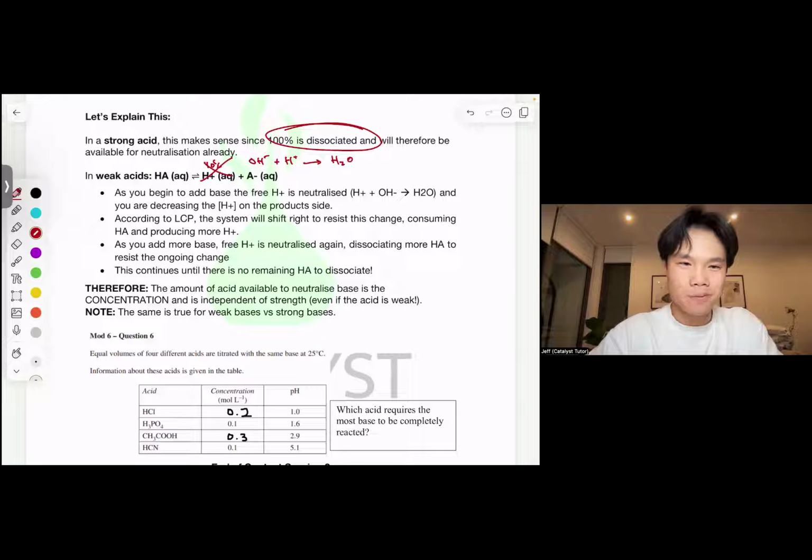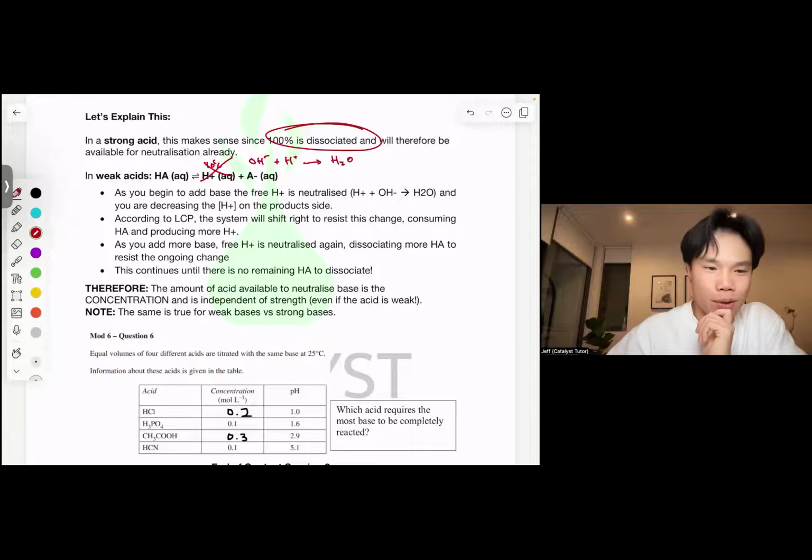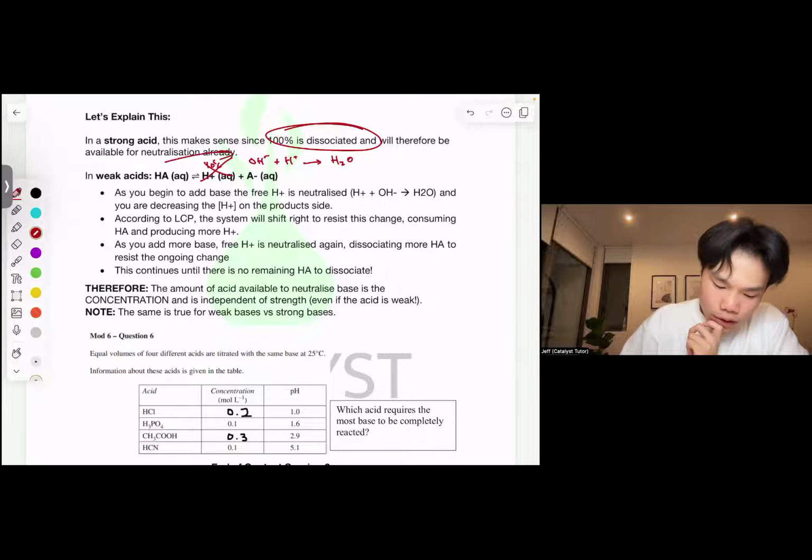Not too sure. All right. So if we neutralize off our H plus with OH minus, there is a decrease in H plus concentration, so we shift right. Good. That's better. So the system would then shift right to replace some of that H plus and dissociate 10% again.